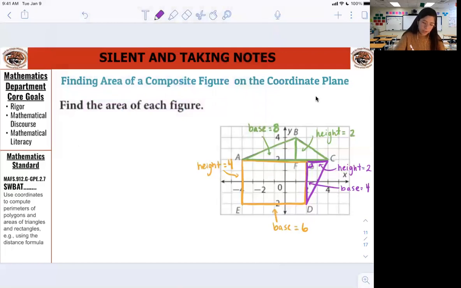So now I can find the areas that I need. So the area of triangle ABC, we need 1/2 times base times height. So this is going to be 1/2 times 8 times 2. What do I get? Yeah, we got 8. Good.